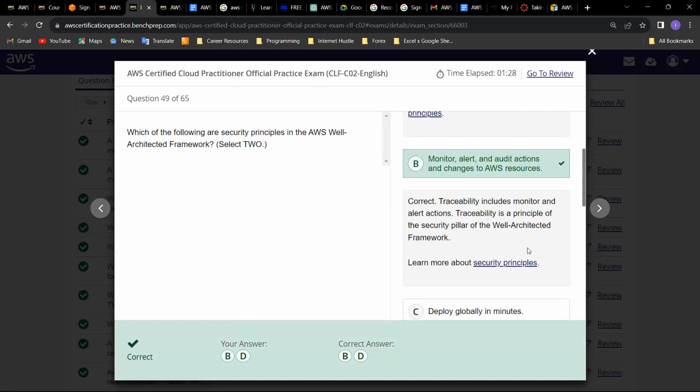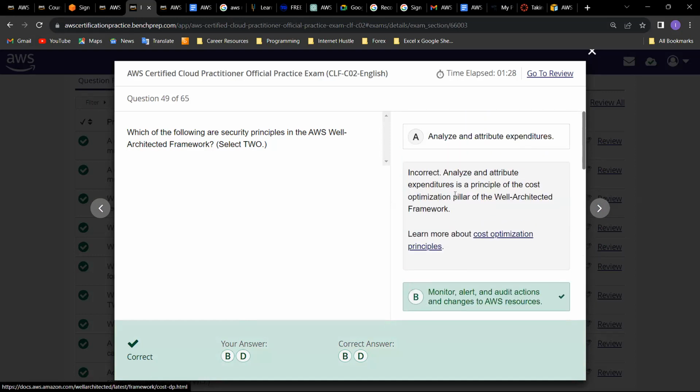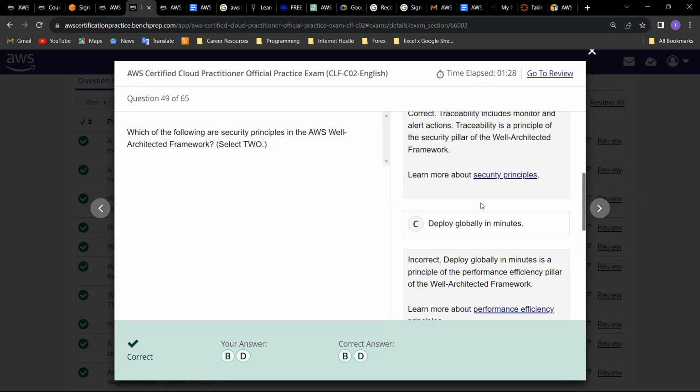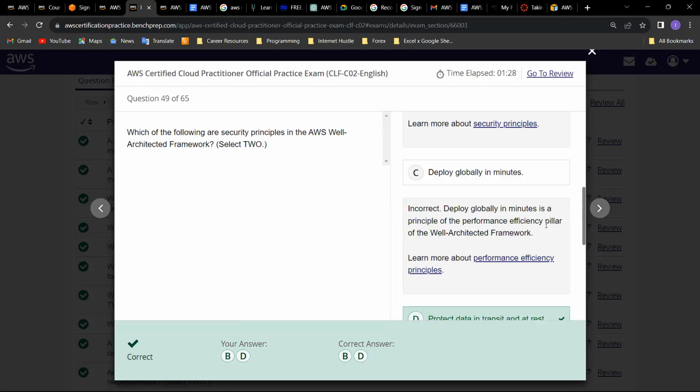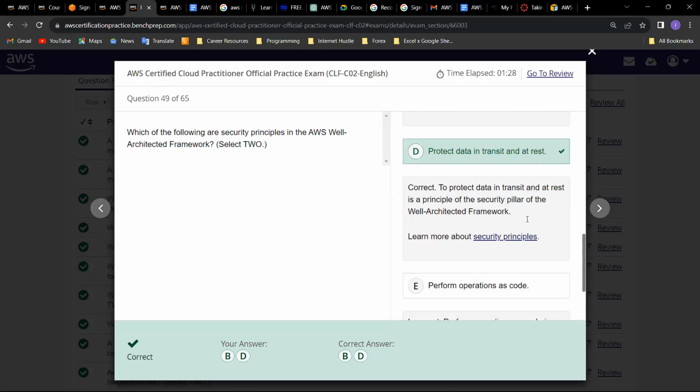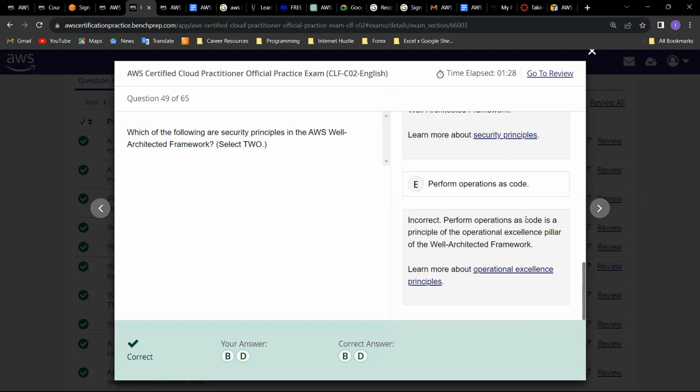Then there was analyze and attribute expenditures. Expenditures has to do with cost, so cost optimization. And going global in minutes talks about performance efficiency, whilst operations as code is operational excellence.